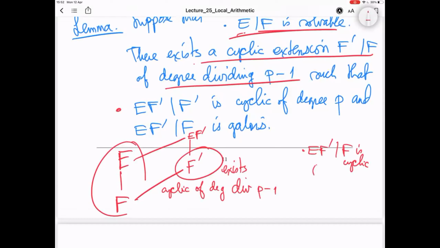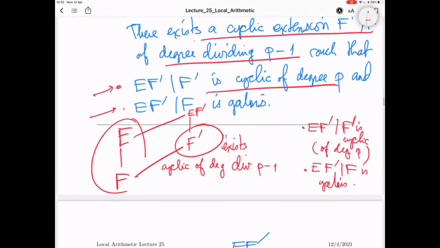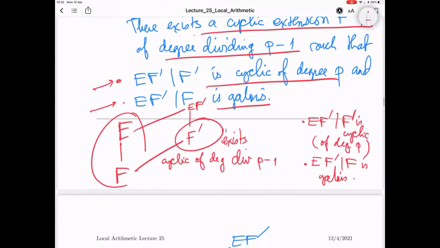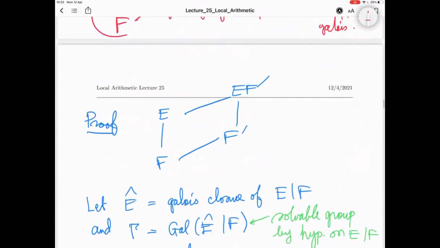Of course, it's going to be of degree P. And not only that, but EF prime over F is Galois. These are the two conditions. This is cyclic of degree P and this is Galois. That's what is being asserted. So I have to show that there's an F prime. That's the diagram.